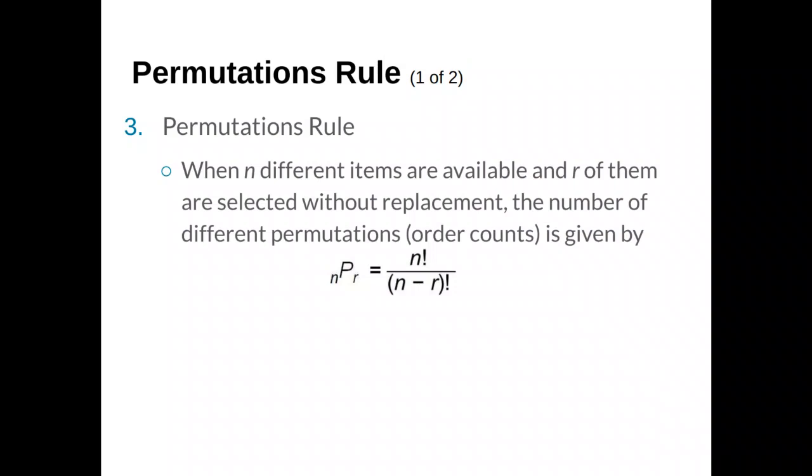The left-hand side of that equation is a capital P with a subscript n and subscript r. The way we read that is we just say nPr. So we'd say like 5P3.